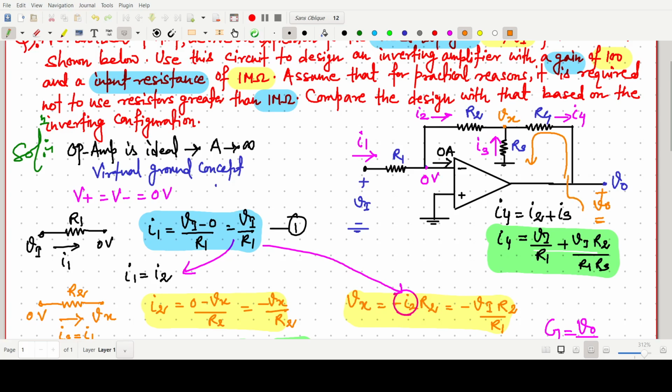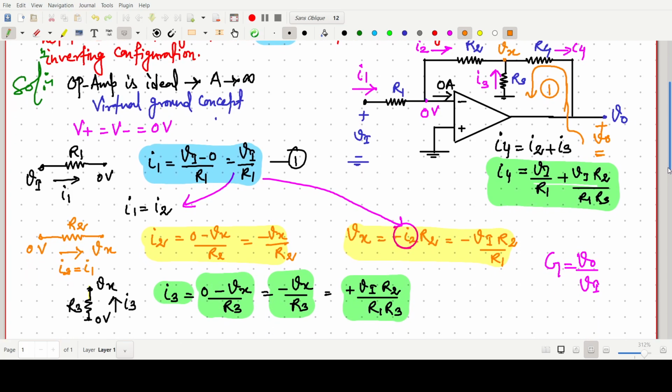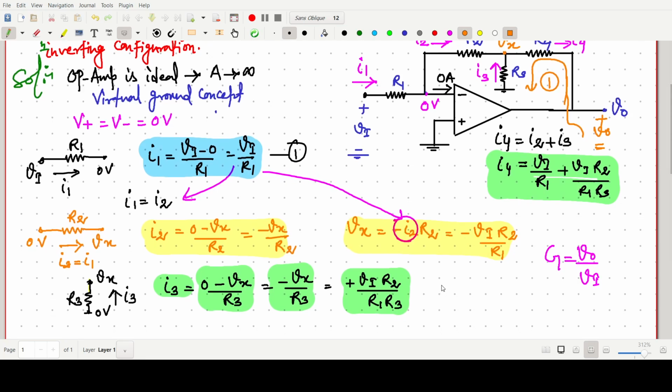So if we apply Kirchhoff's voltage law in this loop, say loop one, what can we write? By applying KVL in loop 1. Why are we doing this? Because this one is V naught. So directly, here I am writing plus V naught.